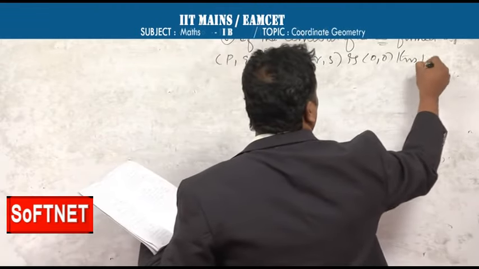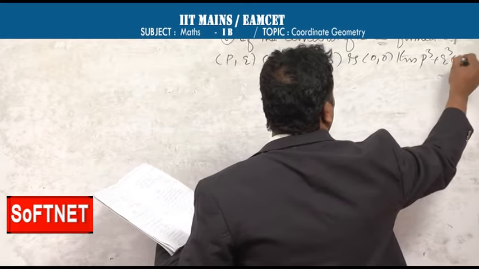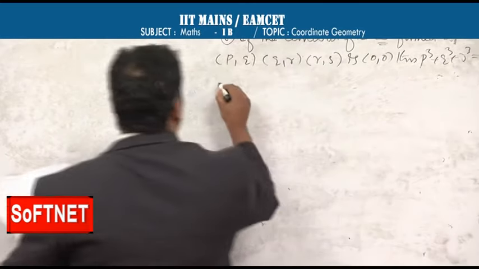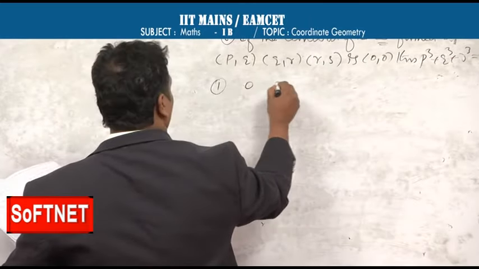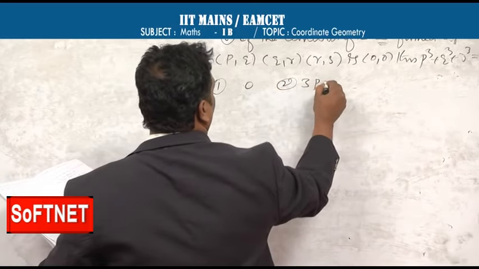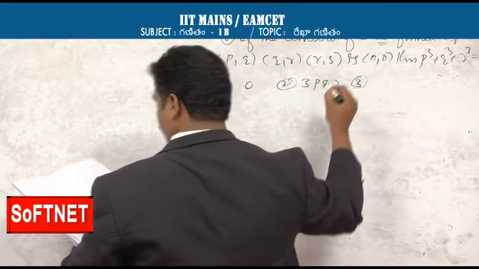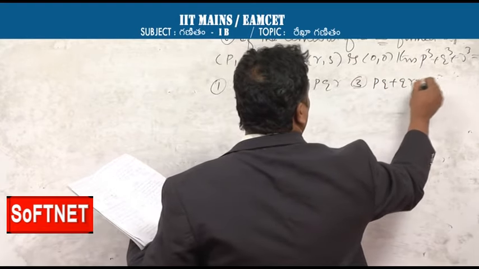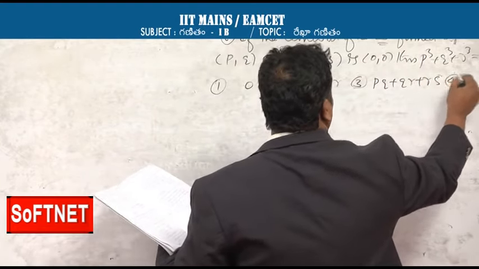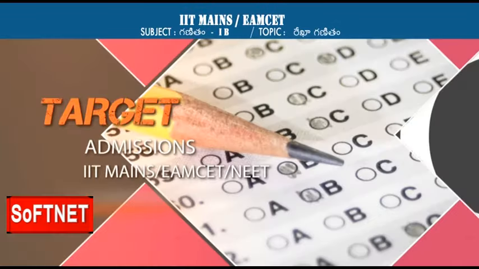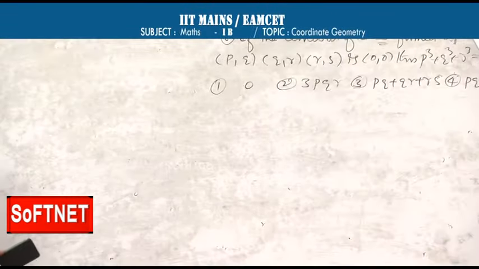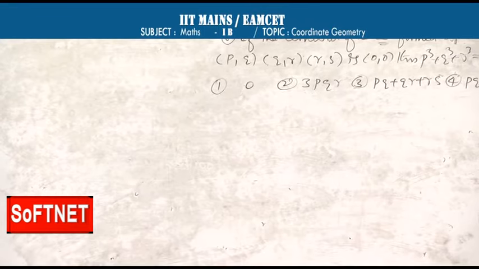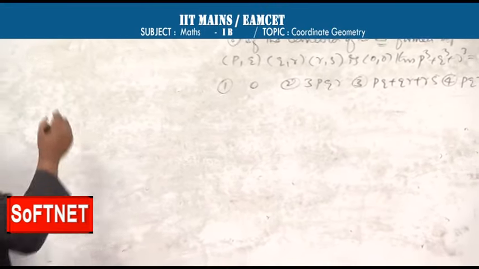Then P cube plus Q cube plus R cube equal to. The first option is 0. The second option is 3PQR. The third option is PQ plus QR plus RS. The fourth one is PQR. Options are 0, 3PQR, PQ plus QR plus RS, and the fourth one is PQR.